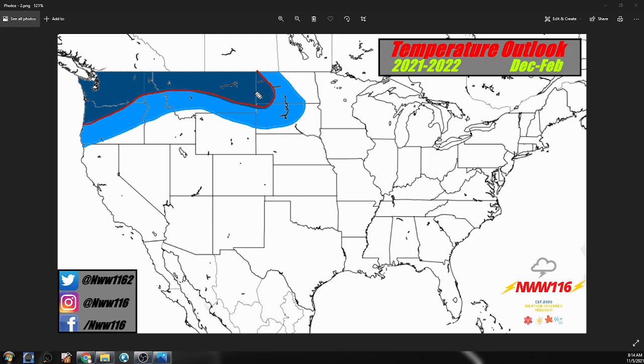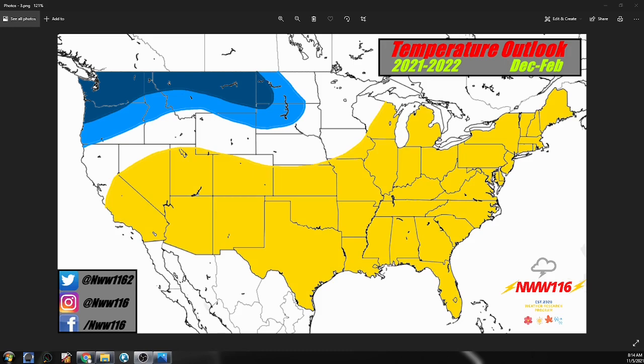This also includes bits of western North Dakota and an extreme bit of northwestern South Dakota. In this blue area, we expect with more confidence that those cooler temperatures will be persistent over the winter.